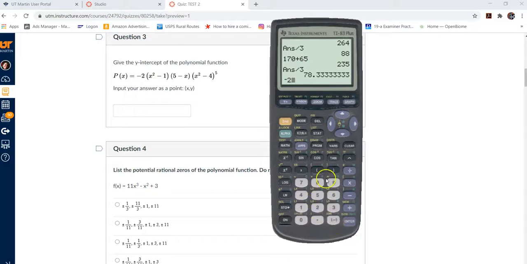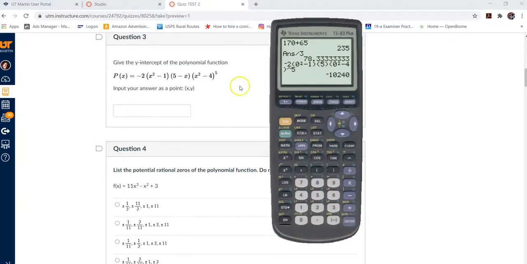So negative 2, then parentheses 0 squared minus 1, close parentheses, oops, left out the 0. 0 squared minus 1, close parentheses. 5 minus 0, which will just be times 5, times 0 squared minus 4, then all raised to the 5th.